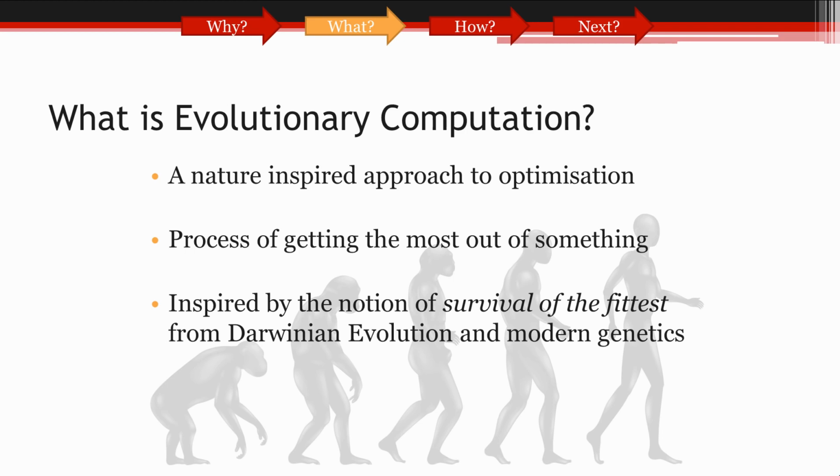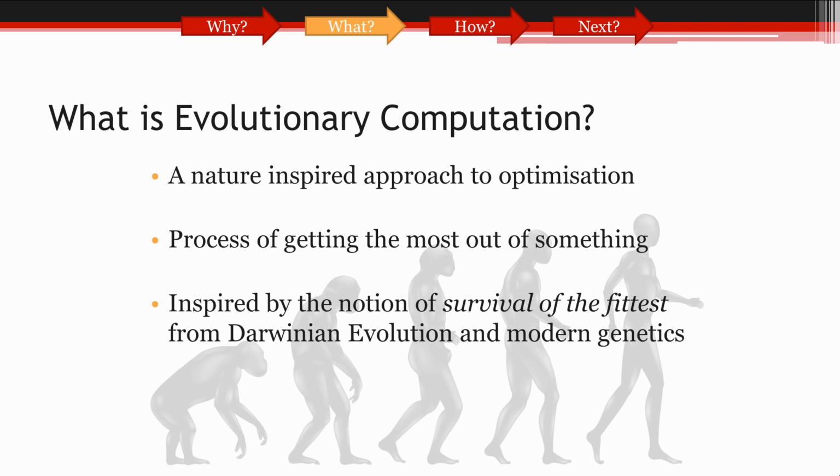Finally, let's talk about what evolutionary computation actually is. It's a nature-inspired approach to optimization, which is the process of getting the most out of something and making it better. During this process, we are in search of the best or optimal solution to a problem.